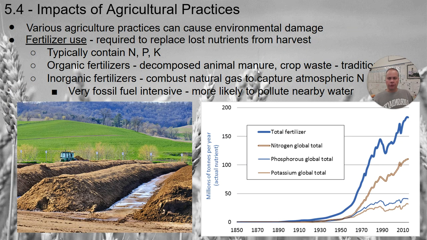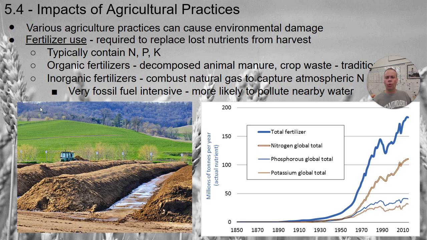Another example is the use of fertilizers. Synthetic fertilizers were developed in the early 20th century. And what we see here, people have used fertilizer since agriculture began, generally in the form of manure or guano or composted plant matter.